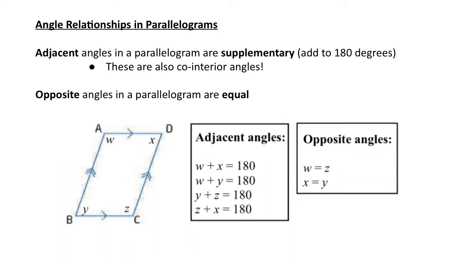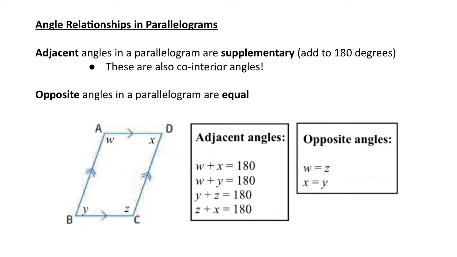So let's take a look at this parallelogram that's pictured here on the screen. The interior angles of the parallelogram are marked with the letters W, X, Y, and Z. So what I'm going to do is highlight for you all of the different adjacent angle pairs that exist in the parallelogram. And you're going to see that they are supplementary.